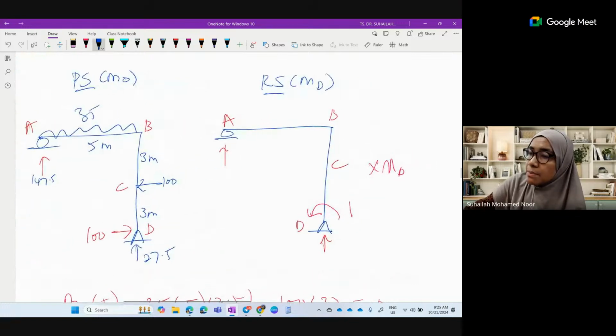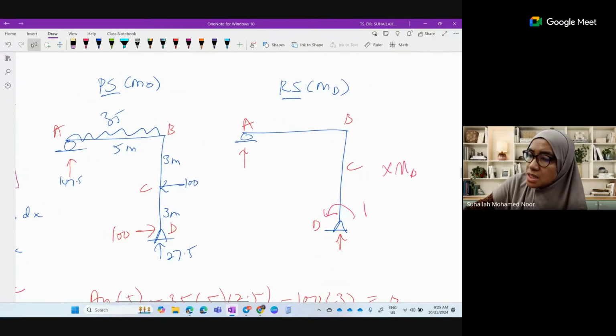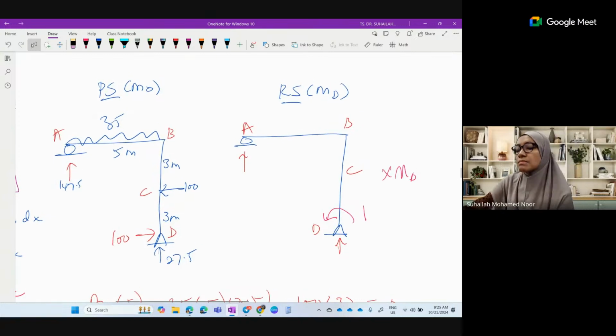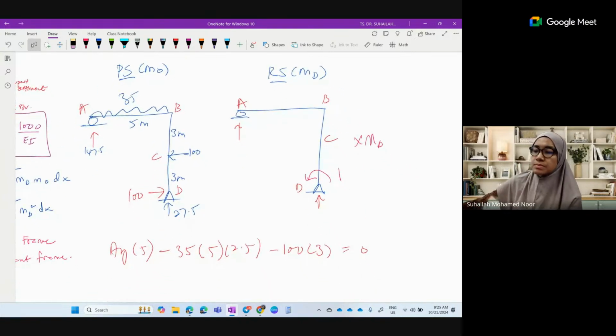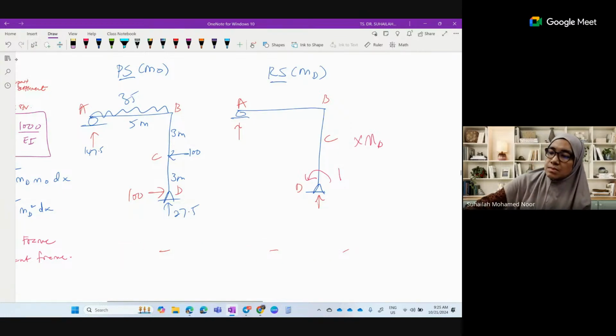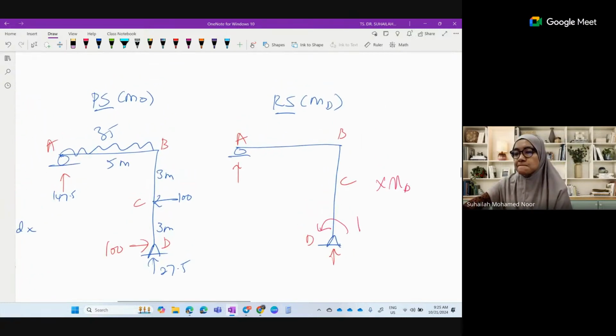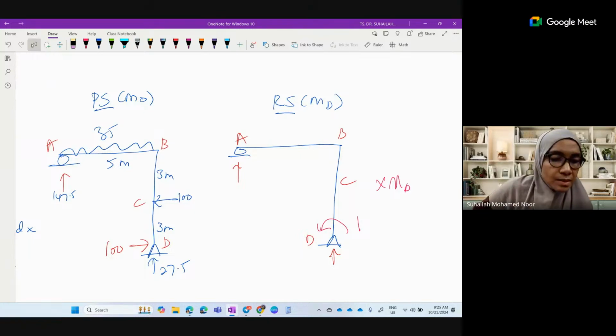Okay. Everybody dapat 147.5 for AY? Dapat.